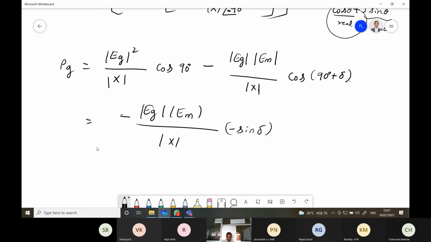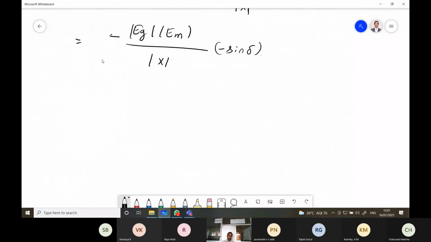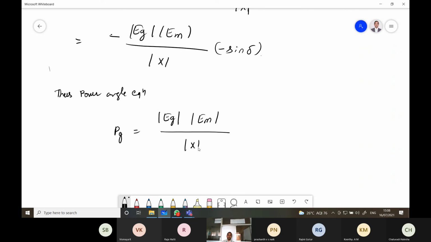So thus the power angle equation: PG is equal to EG EM by x sin delta.